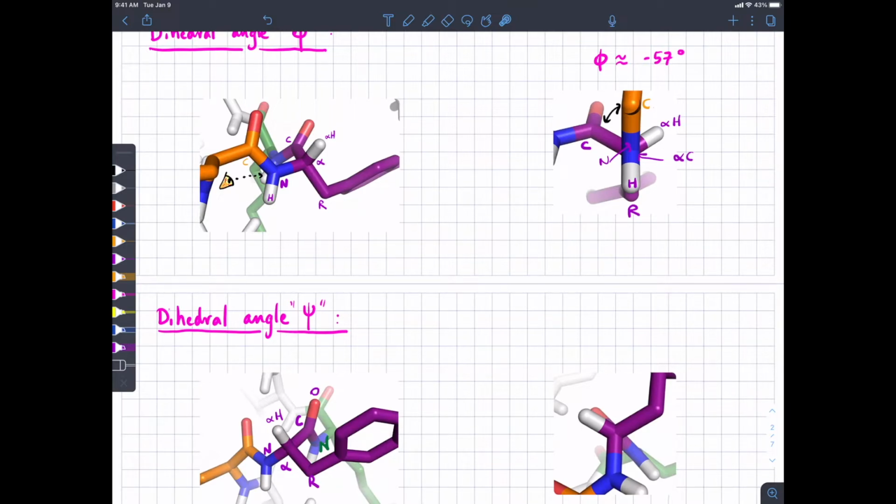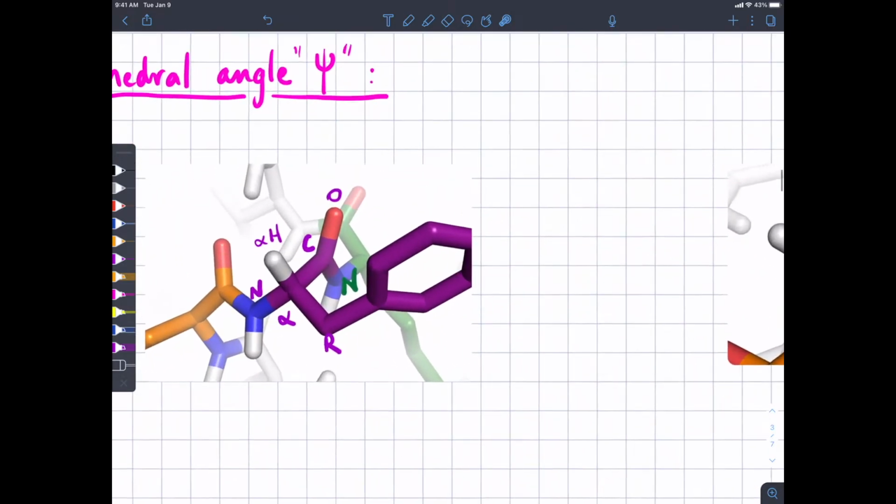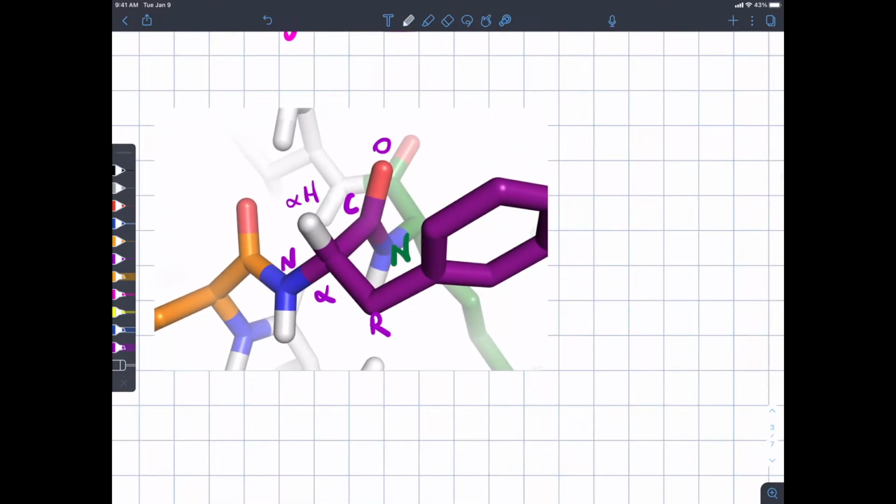Some work better than others. And it has to do with whether by adjusting this angle we can relieve steric problems with this large side chain.